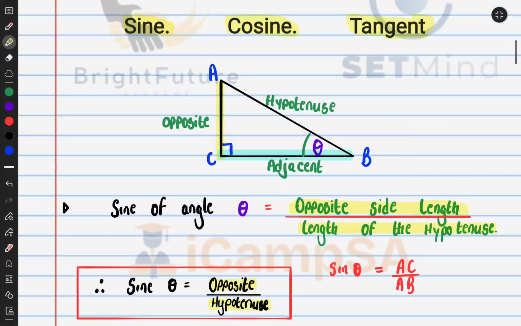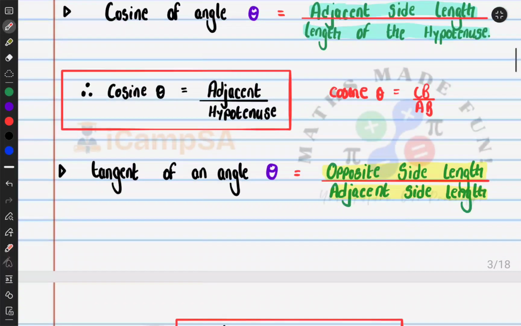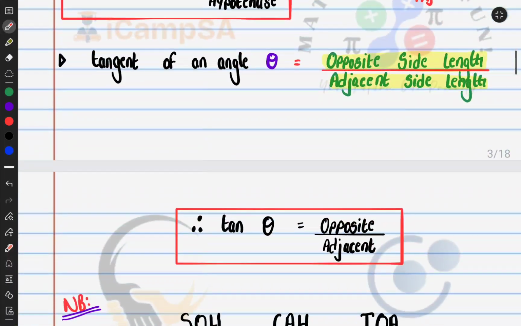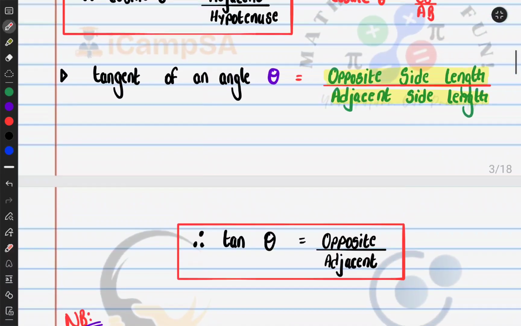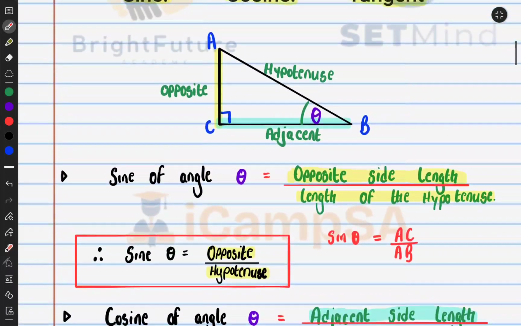Okay, so let's quickly come here and determine the tangent of the angle theta for this triangle that we have here. So we said, in other words, therefore, tan theta is equal to the opposite side over the adjacent side. What is the opposite side?